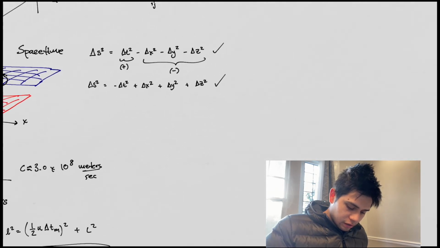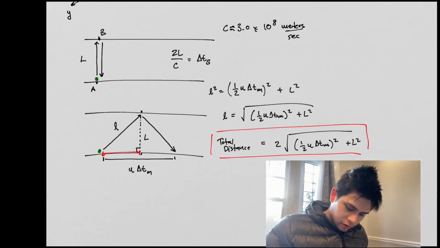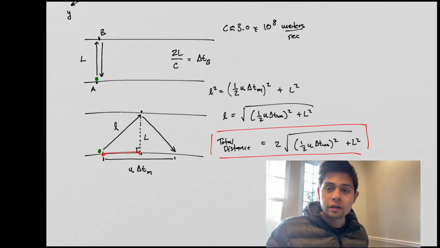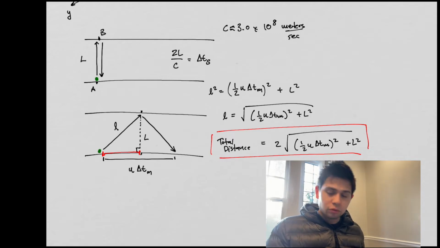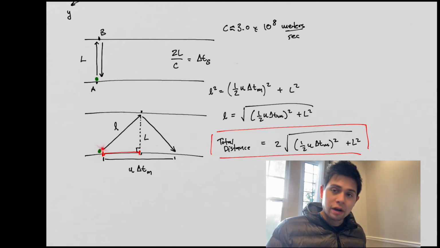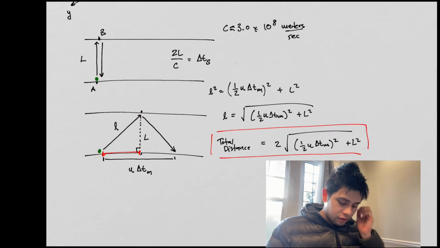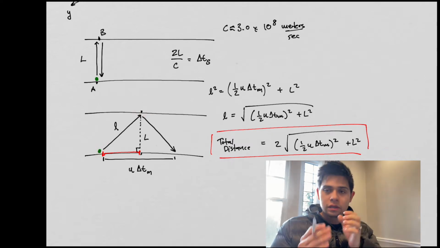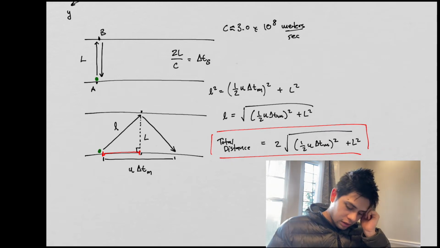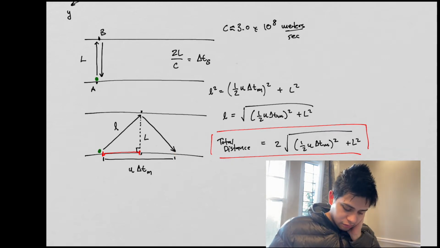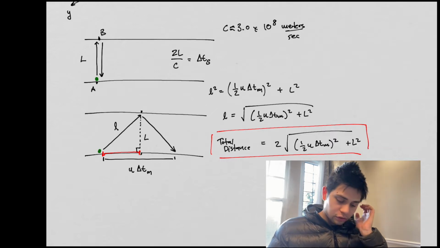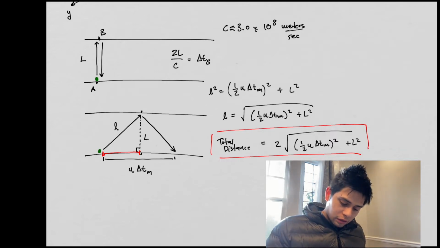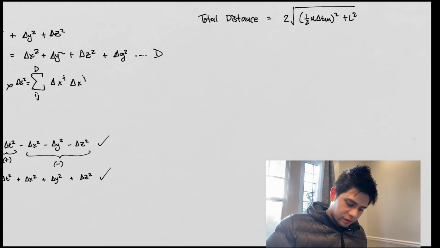This is what we got when we were down here, when we were talking about the total distance that this light particle travels as it goes from point A to this new shifted point B. It's shifted in by delta x, and we're going back to point A on the mirror. And I rewrote that, and that's up here.